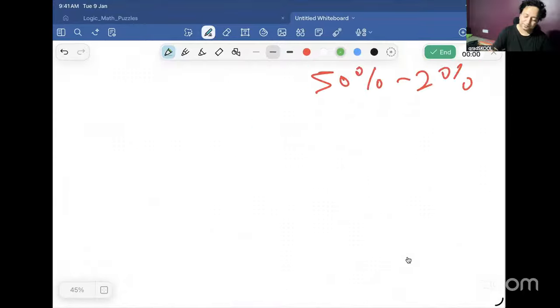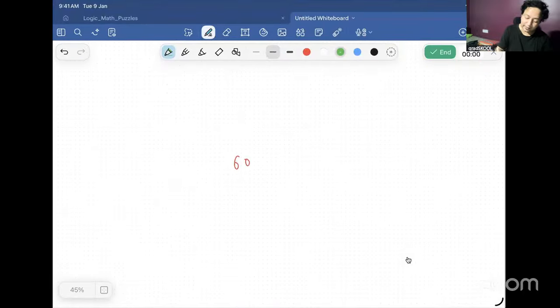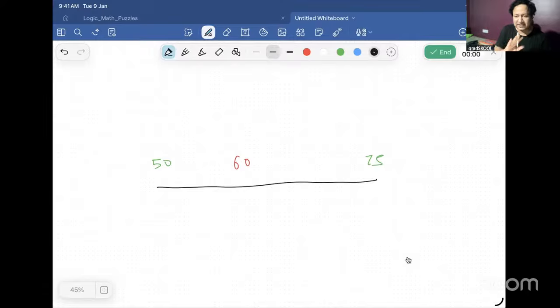Now what I'll do, see, I'll write 50 here and 75 here. So when I wrote that, if you see, somehow I have made proper sense of the scale of it. The difference here between 50 and 60 is exactly 10, and between 60 and 75, it's actually 15.